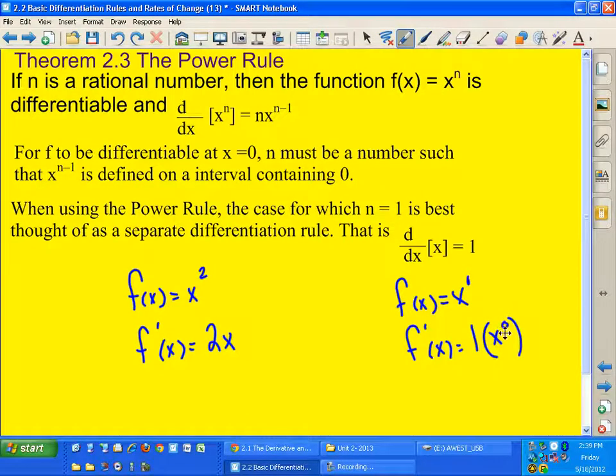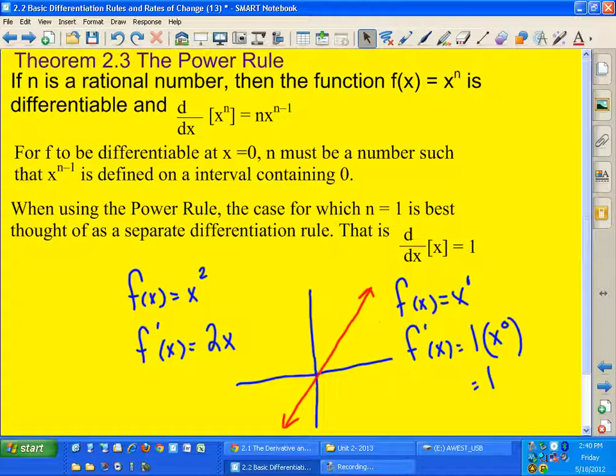Well, x to the 0 power is 1, so your final answer is you're going to have a slope of 1. And that should make sense if you think about what the graph of y equals x is. No matter where you're at in that function, the slope of that line is always 1. And so that's really what we're talking about when we deal with these.